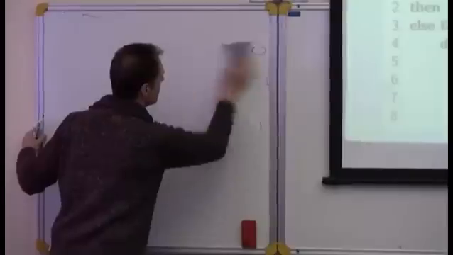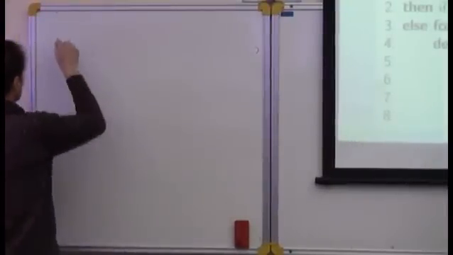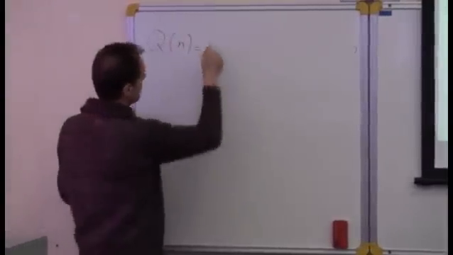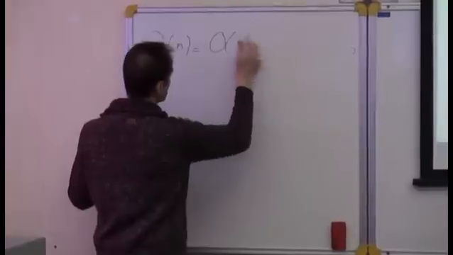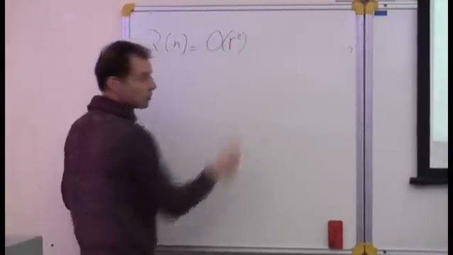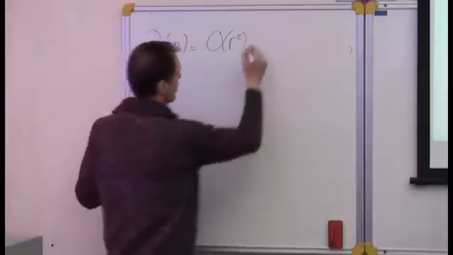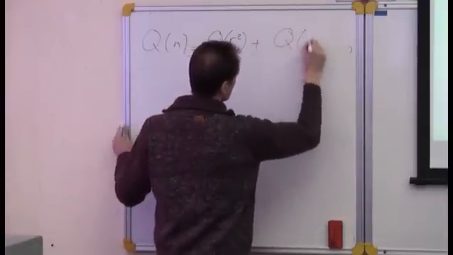Or stated in a more precise form, our recurrence for the query time was something like: check each of the children, or each of the triangles in the cutting, to find where you have to recurse, and then you get this.